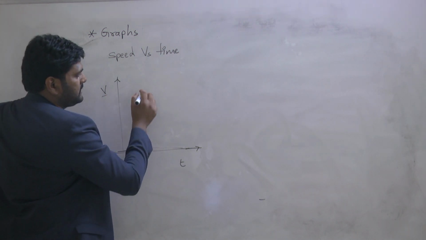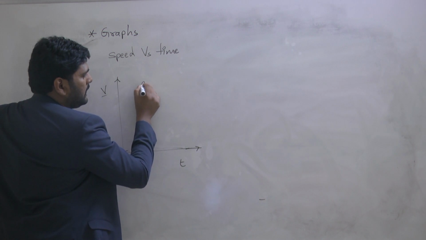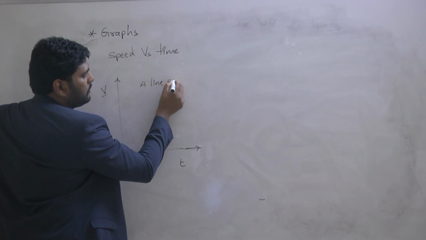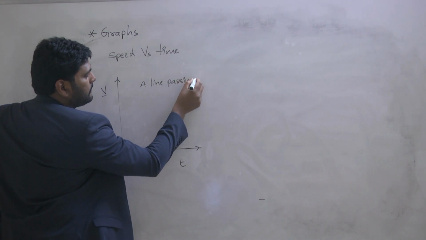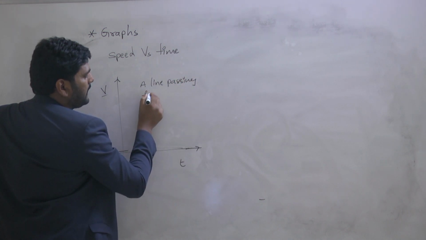How is the graph passing? A line passing along the time axis.